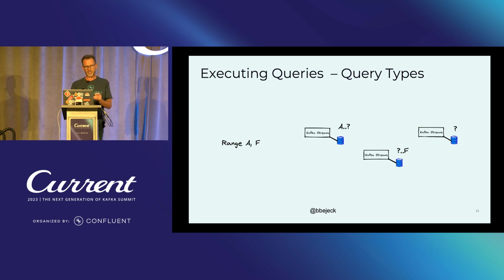So when you have a range query, you have to issue it to each one, if you have this deployed over 3 Kafka Streams instances, gather all the results, and then you have your final result there. So that's why range queries are a little different.